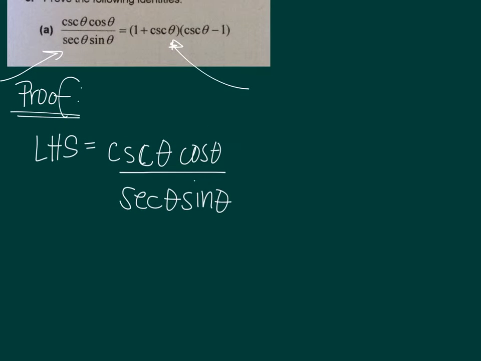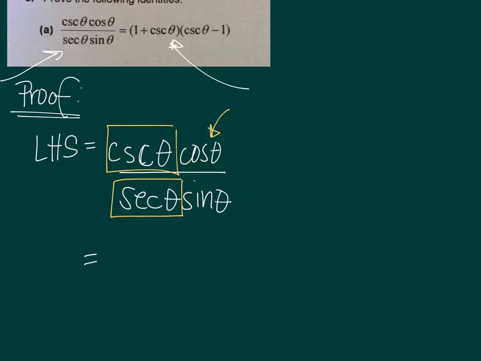Okay. In proving identities, it is always helpful to change all the other functions into sine and cosine, meaning this cosecant theta should be changed into sine or cosine. At the same time, secant theta should be replaced by sine or cosine.